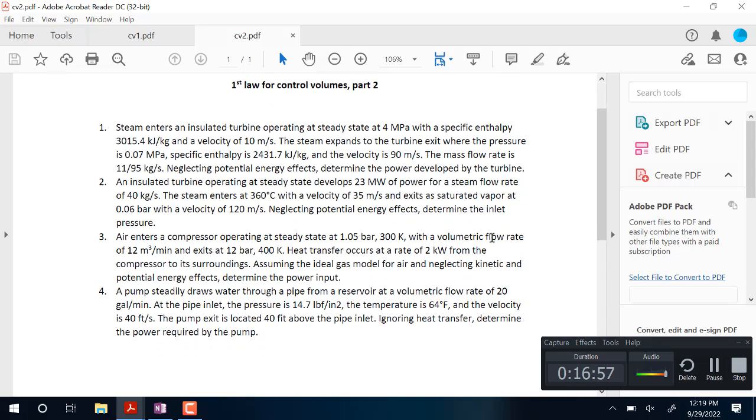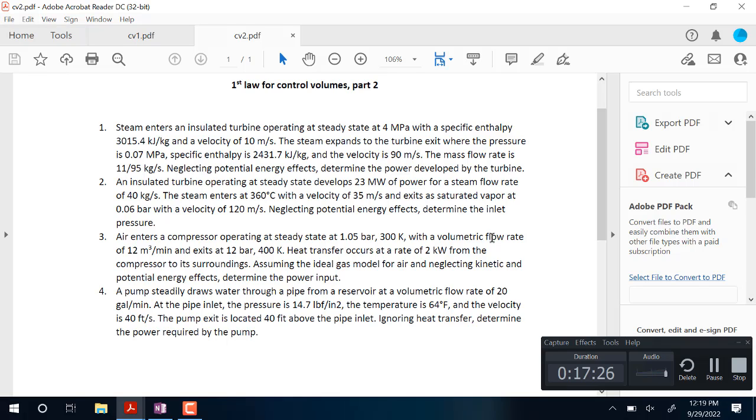So this one's a turbine, steady state, and 23 megawatts of power is developed. It's steam, so we can use the water tables. And the steam flow rate in mass is 40 kilograms per second, so we're going to know m dot right away.